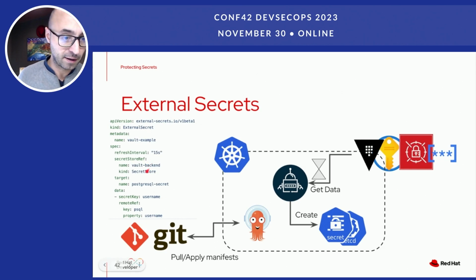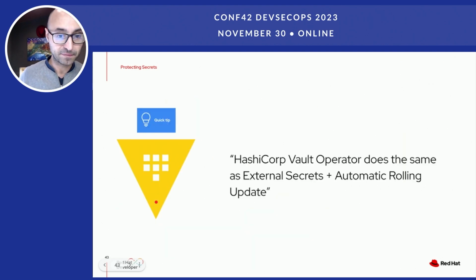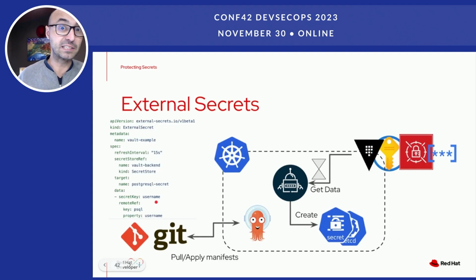And then finally here, I'm saying, look, the path is the PostgreSQL secret, and I want to create this kind of object. So basically, when I apply this, I will get a Kubernetes secret created inside. But again, the secret value is never stored in Git. In External Secrets, we are just storing the configuration of where the secret is.